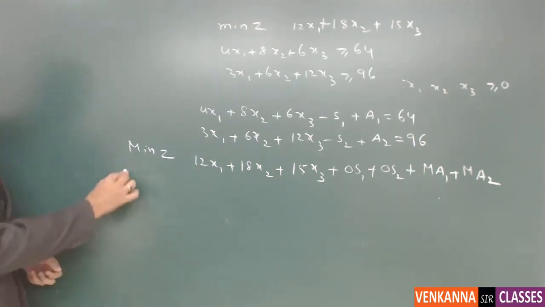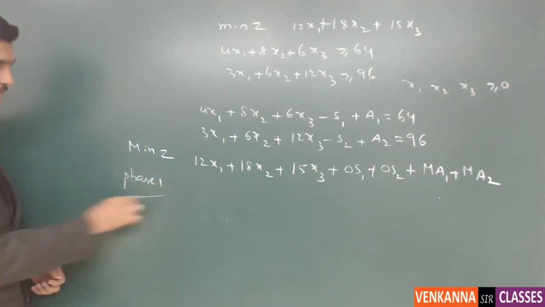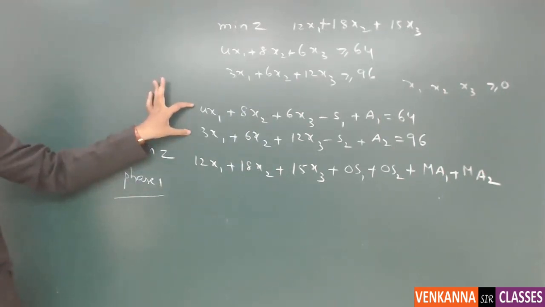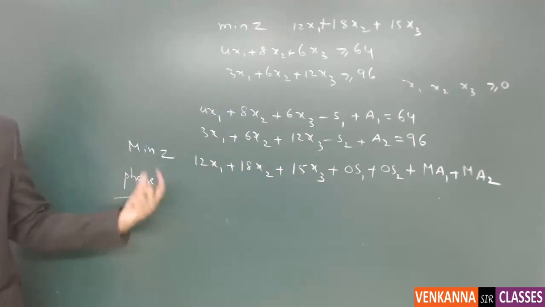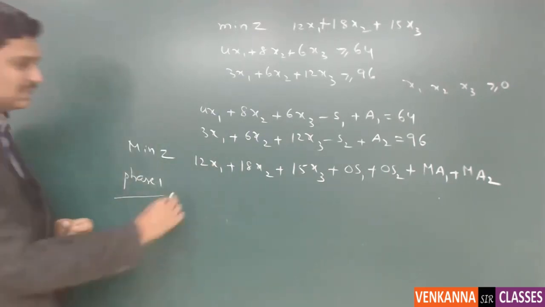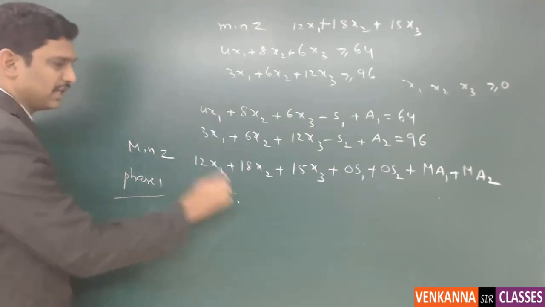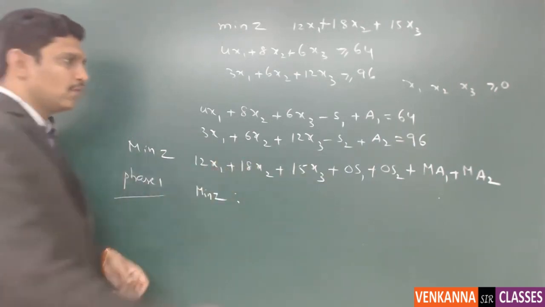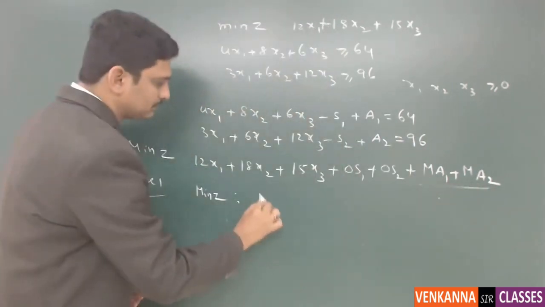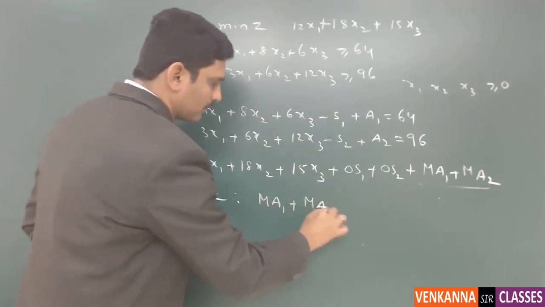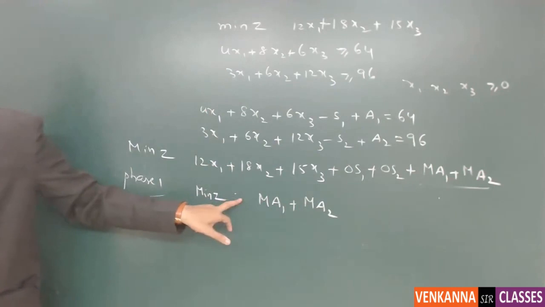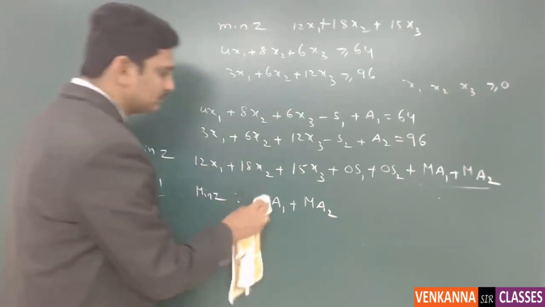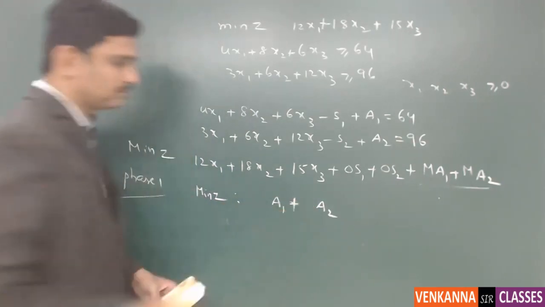Now, we are entering phase 1. We don't want to disturb these inequalities which we have taken. In phase 1, we rewrite the objective function as minimum Z. If you put all the coefficients of x1, x2, x3 as 0, only these things will remain. And we are replacing this M with 1. So the objective function will come as a1 + a2.